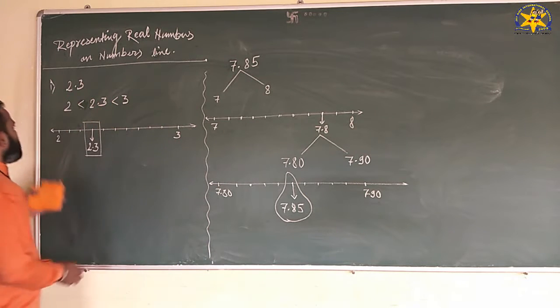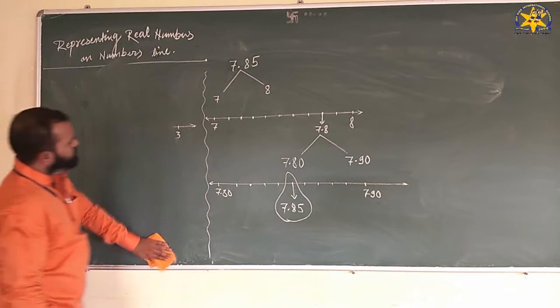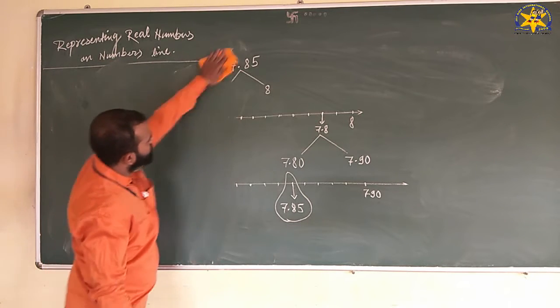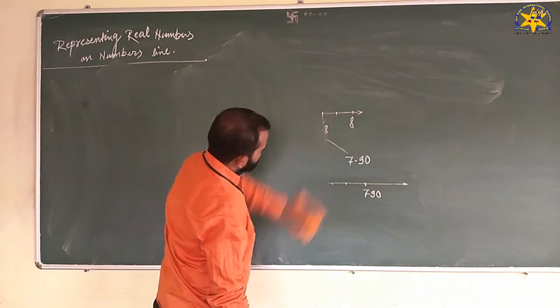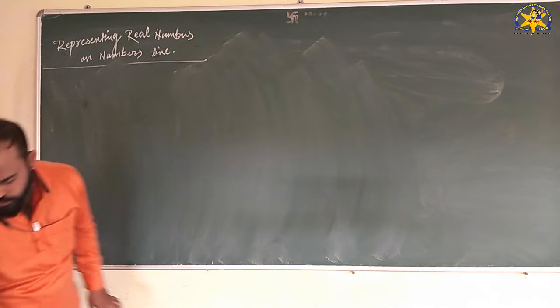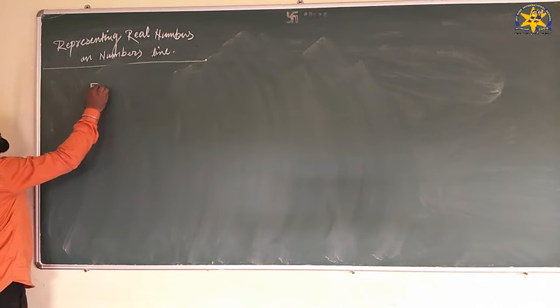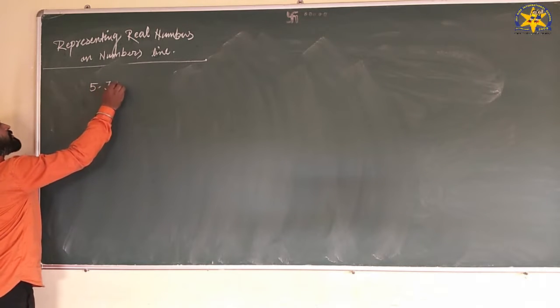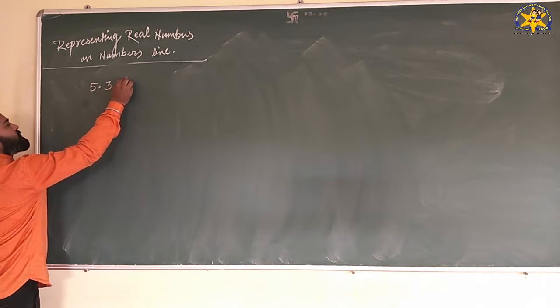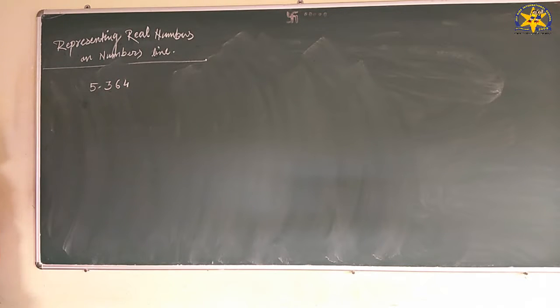See here, our next problem is, suppose, 5.364. We have to represent 5.364 on the number line.